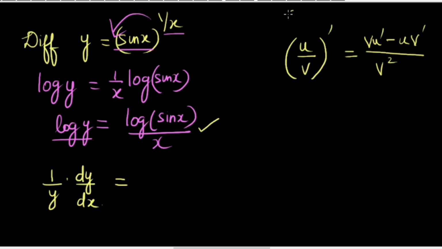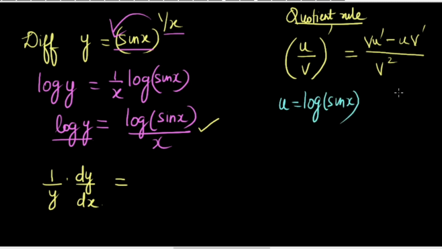We apply this quotient rule formula to get our derivative easily. Here, u is log of sine x and v is simply x.